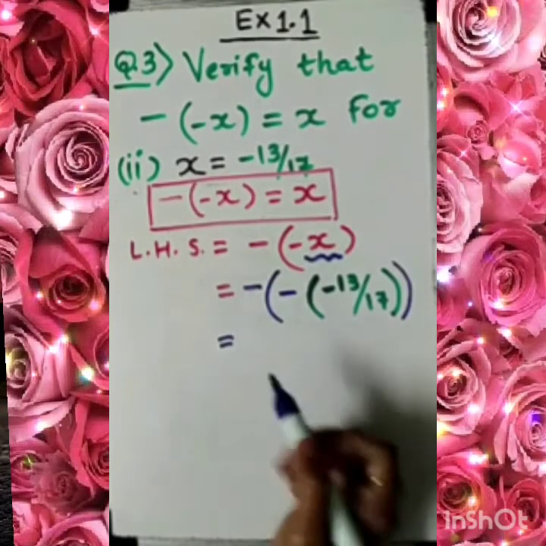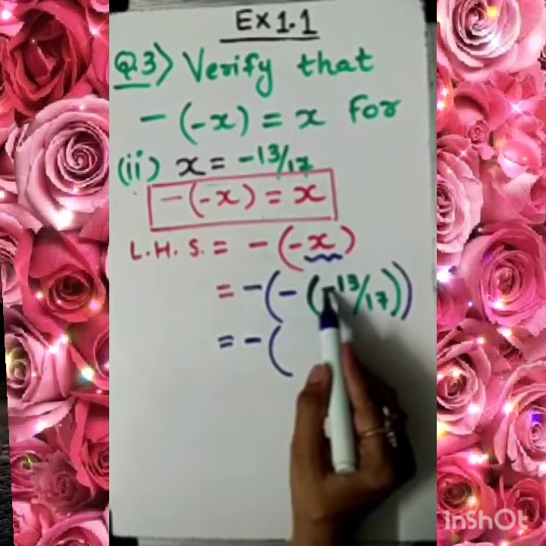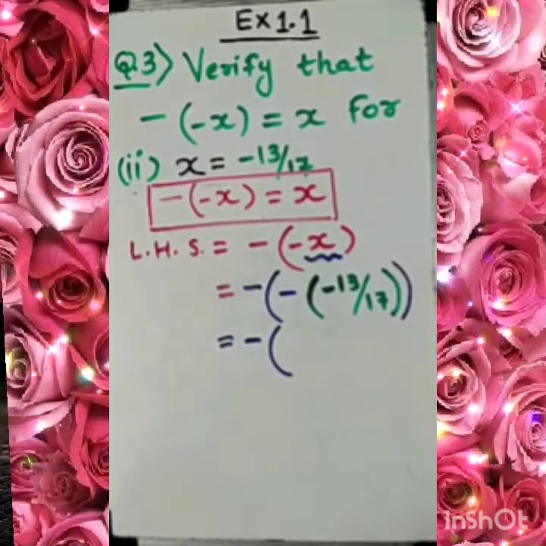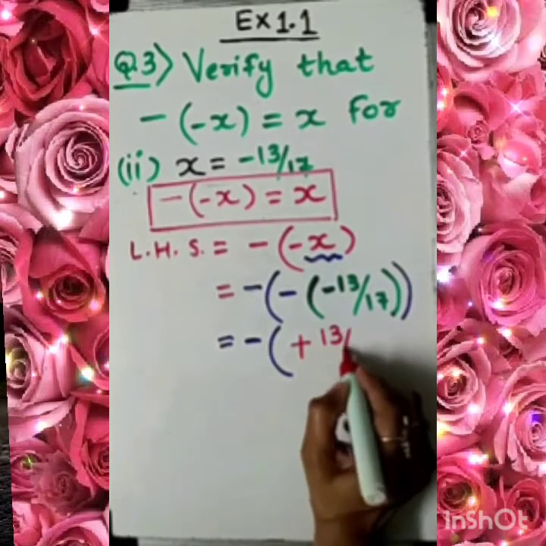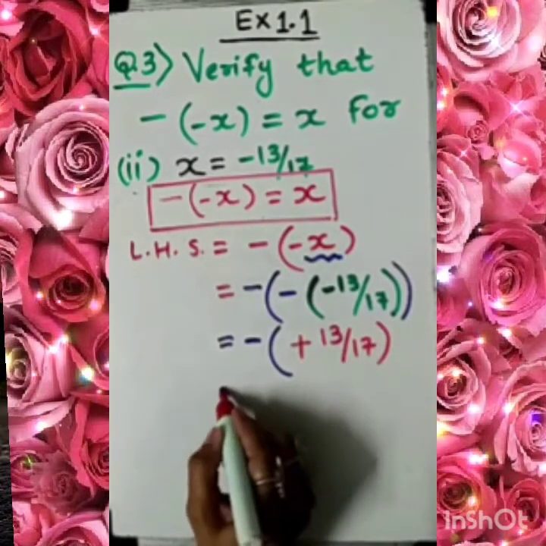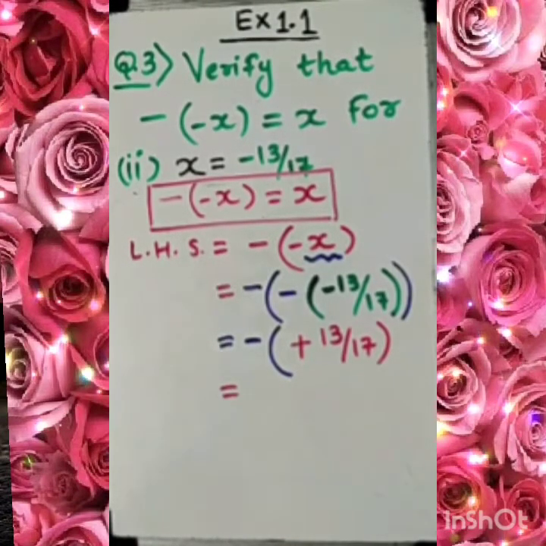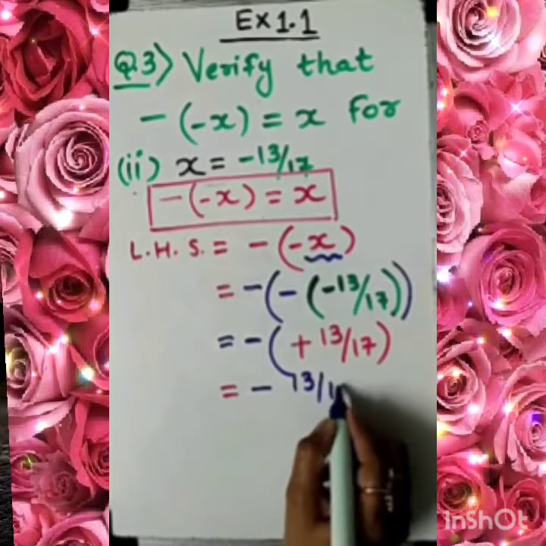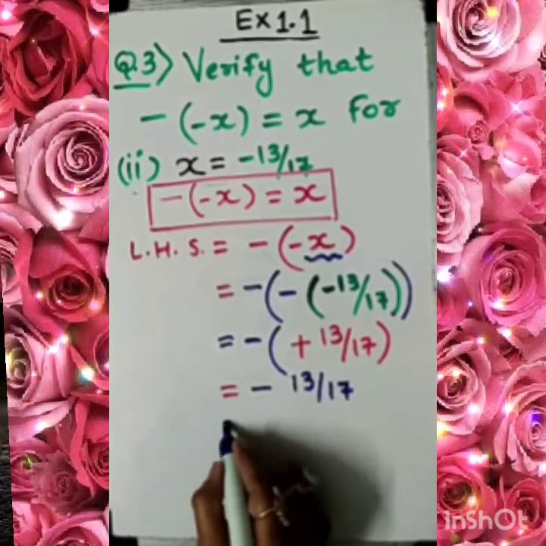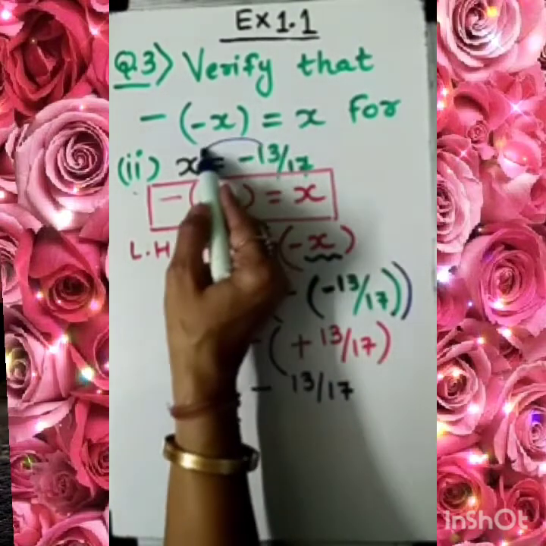Now let's simplify. As we know, minus is here outside the bracket. Minus minus, outside the bracket, minus and this minus will become plus. But again we know that minus plus gives minus. So that is minus 13 upon 17, and of course, minus 13 by 17 is the value of x itself.